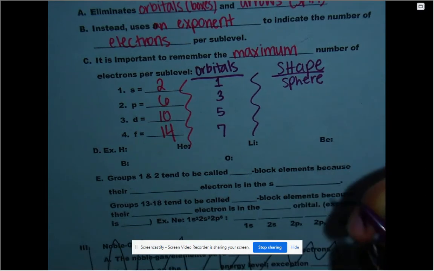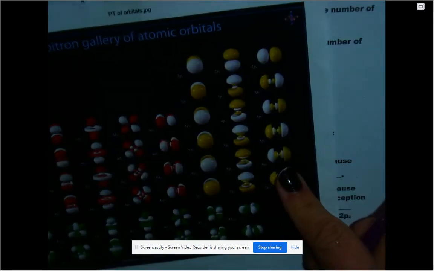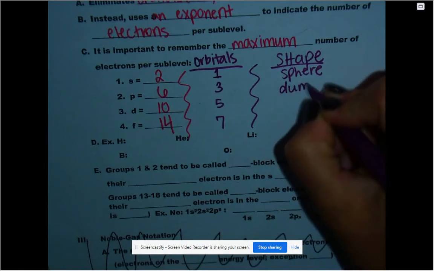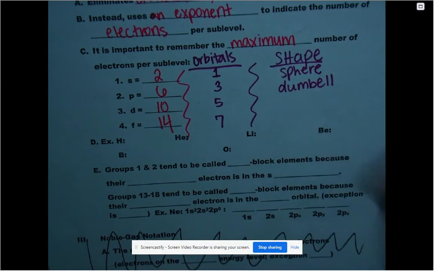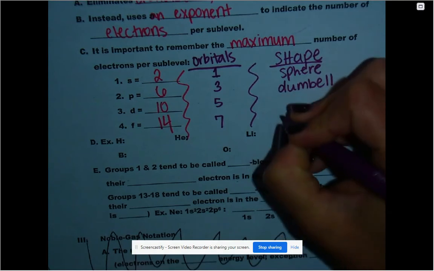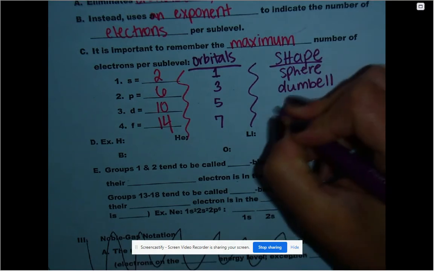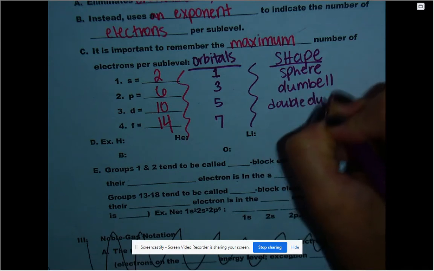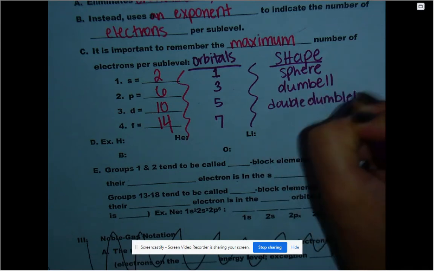Okay. This one looks like a dumbbell. So dumbbell is for P. D, we go ahead and say it's technically a double dumbbell, but it's okay for you to say flower.